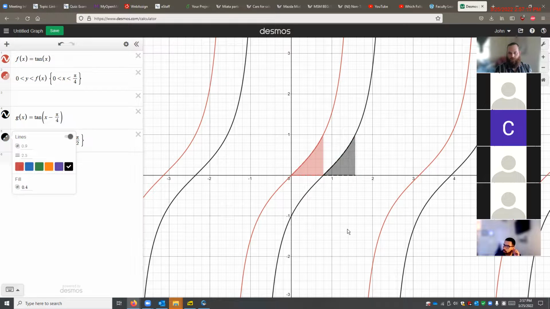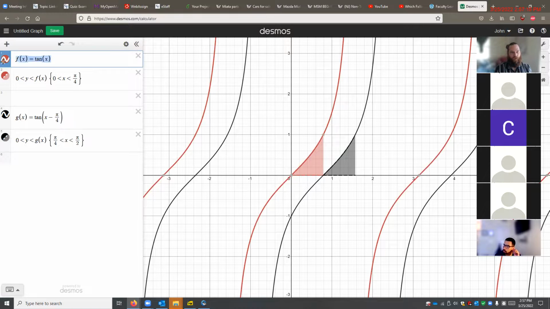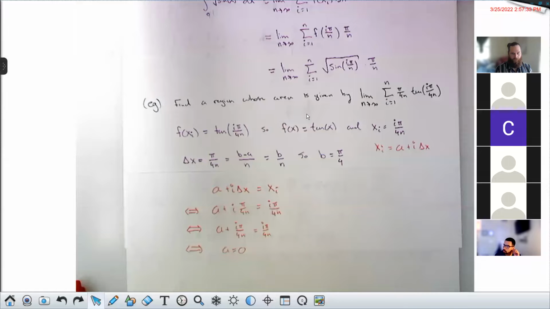The red and black areas are the same. So you could say that this is the area under tangent from 0 to pi over 4, and you'd be correct. Or you could say that it's the area under tangent of x minus pi over 4 from pi over 4 to pi over 2. I could shift this by some other amount, right? There's infinitely many correct answers here. It's just that this is sort of the easiest one to come up with.